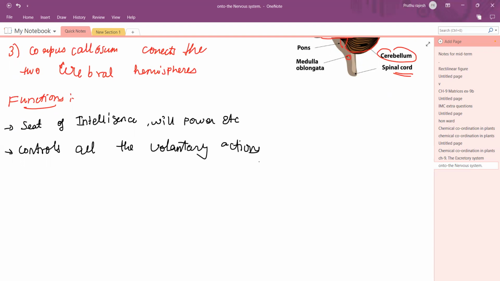Its main function is to maintain body balance and coordinate muscular activities. And it also controls involuntary actions. Sorry, my bad.